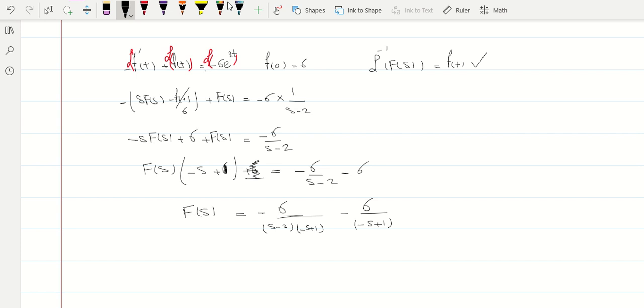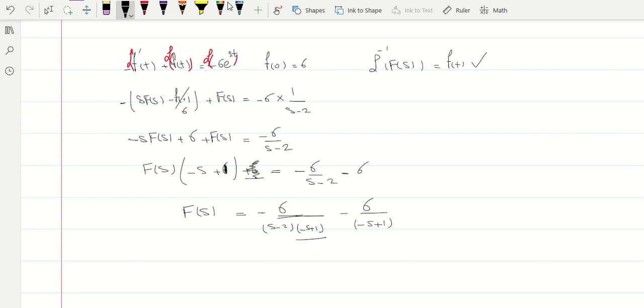And now, as I mentioned, we want to take Laplace inverse of this function to get f(t). We know the Laplace inverse of this function, because it is 1 over s plus a, which is a constant, which would be in terms of an exponential function. But we don't know the Laplace inverse of this term. So we should decompose this fraction into partial fractions, because then we can easily calculate the Laplace inverse.